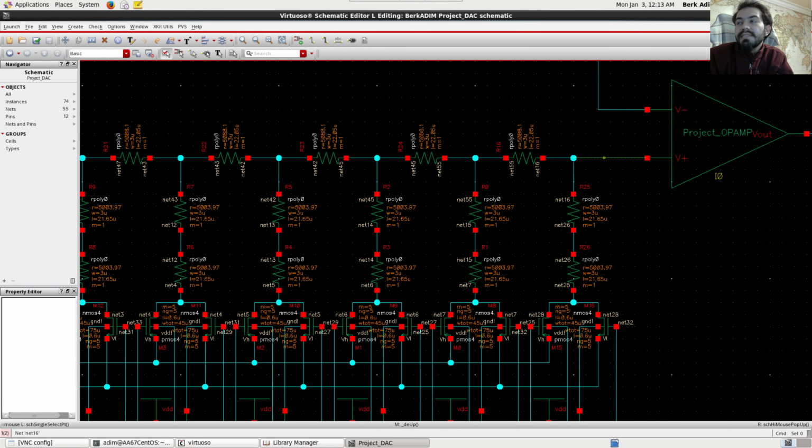These current spikes can be quite significant at our worst step, 0111 to 1000, because all of the transistors are changing state at the same time. If the capacitances are not equalized, you are going to get a very large current spike, which your op-amp tries to smooth out, but it can't because it is so large.